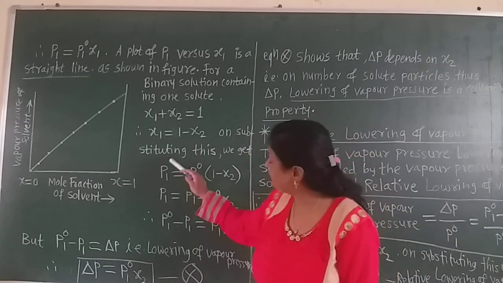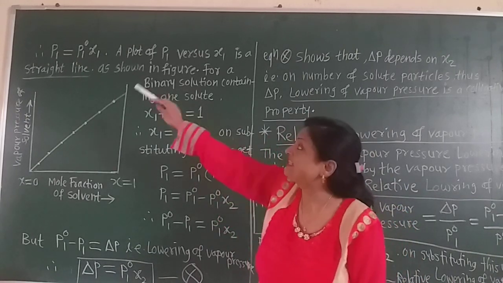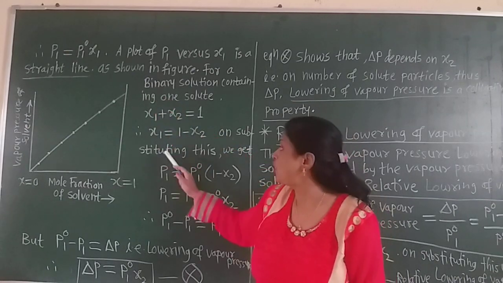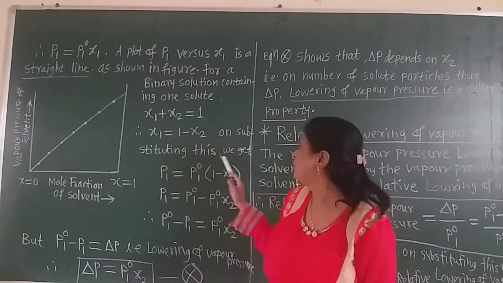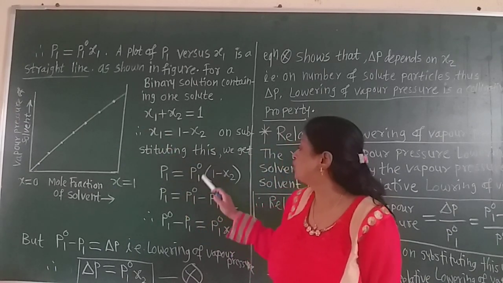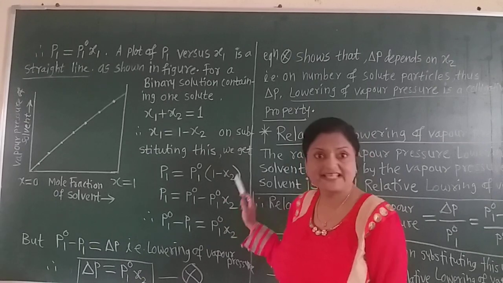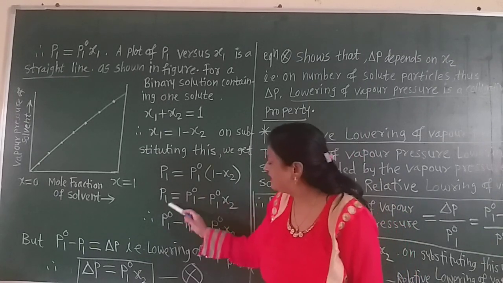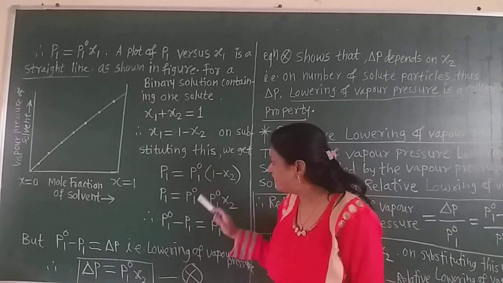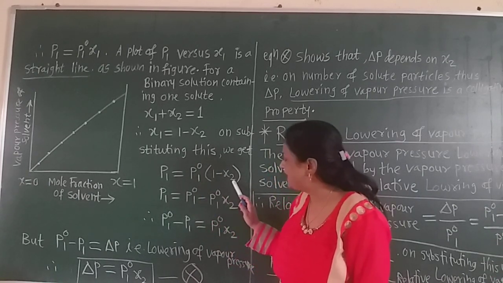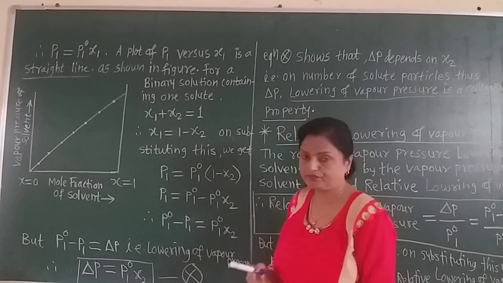Now on substituting the value of X1 as 1 minus X2 in the equation P1 is equal to P01 X1, we get P1 is equal to P01 in bracket 1 minus X2. On expansion, P1 is equal to P01 minus P01 X2.